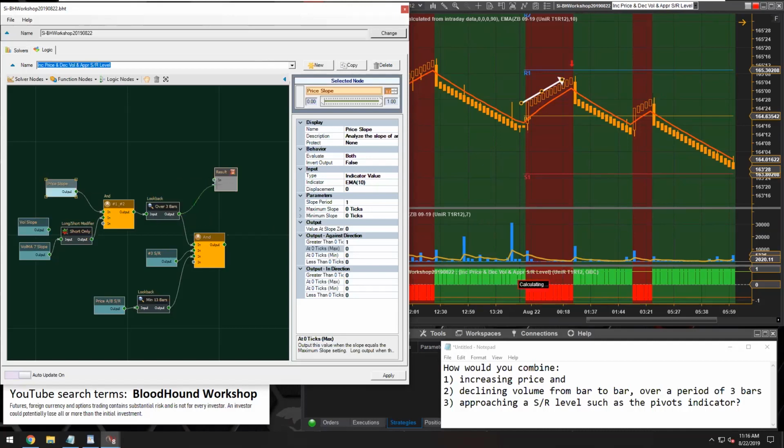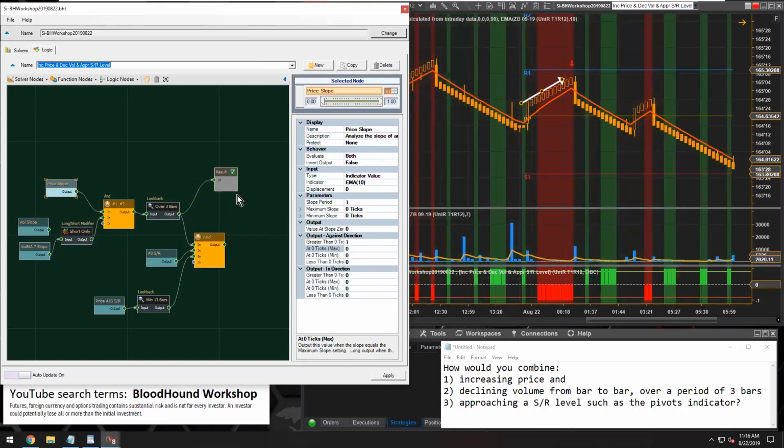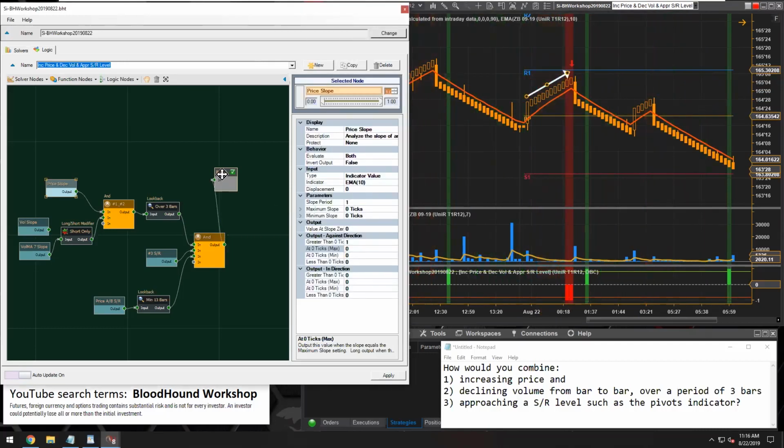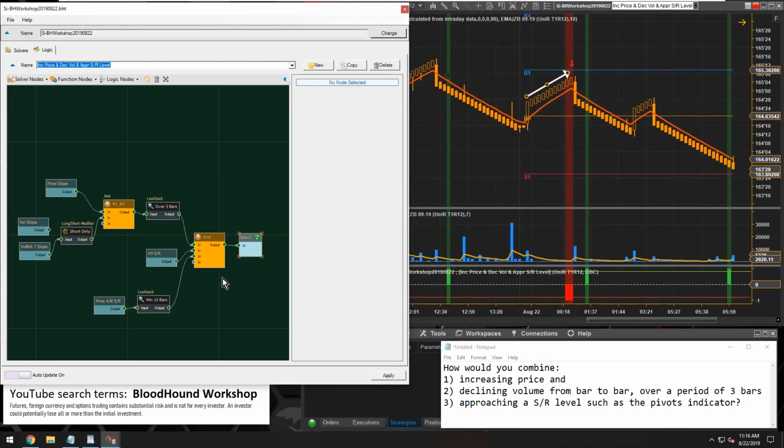So there we go. Let's take a look at this. Yeah, there we go. So now price is moving up, volume is decreasing, and so we're looking for potential short bounces here. All right. Now let's take a look. There we go. Okay.